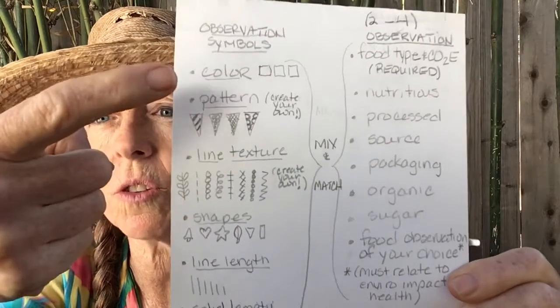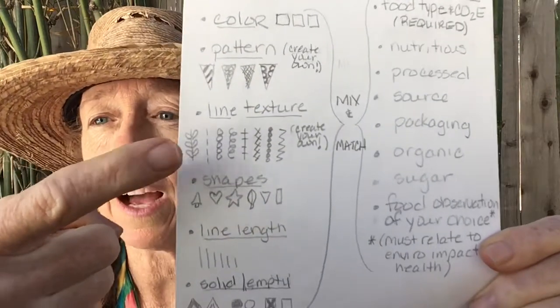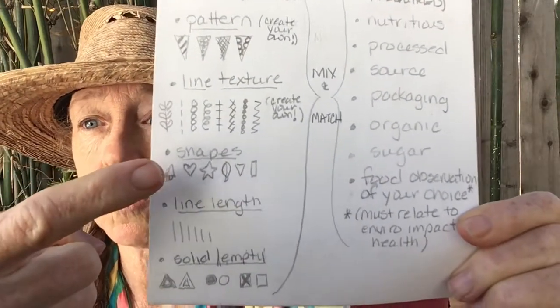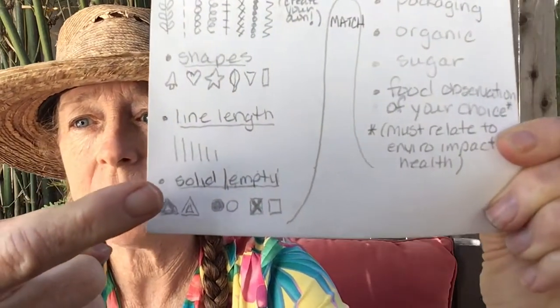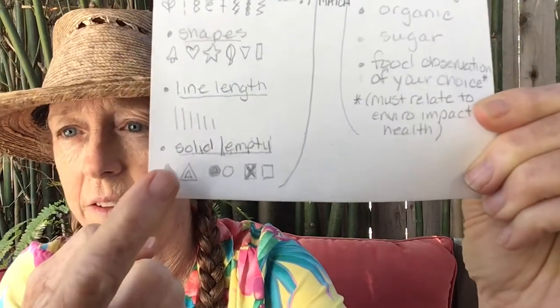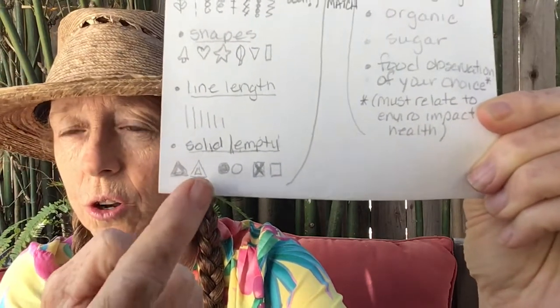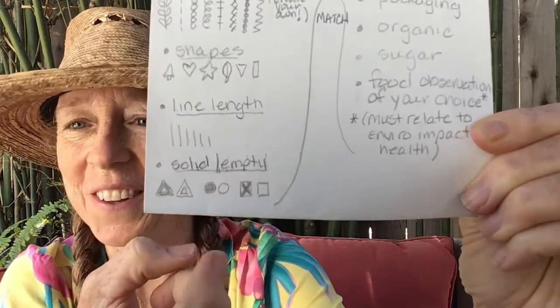You can use color, pattern, line texture, symbols, line length, and you can use kind of yes or no. Like this is the yes, this is the no. Sugar, no sugar. Local, not local.